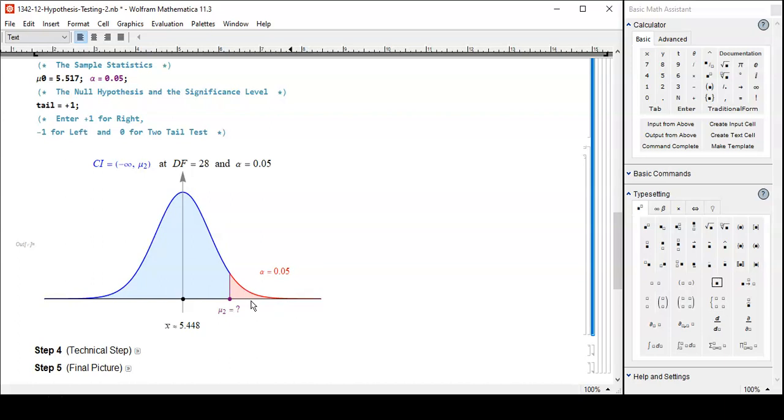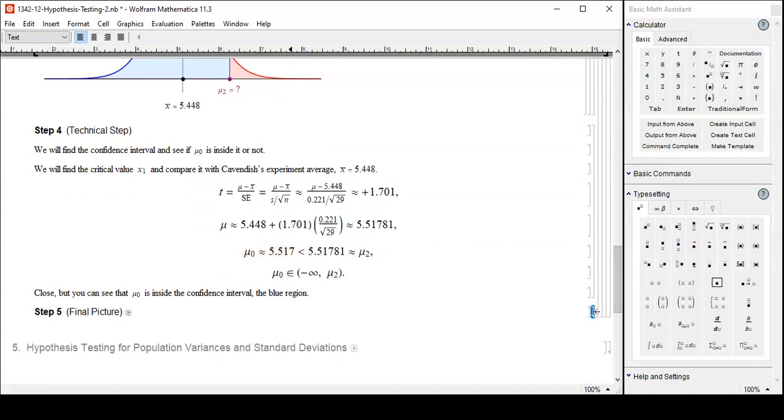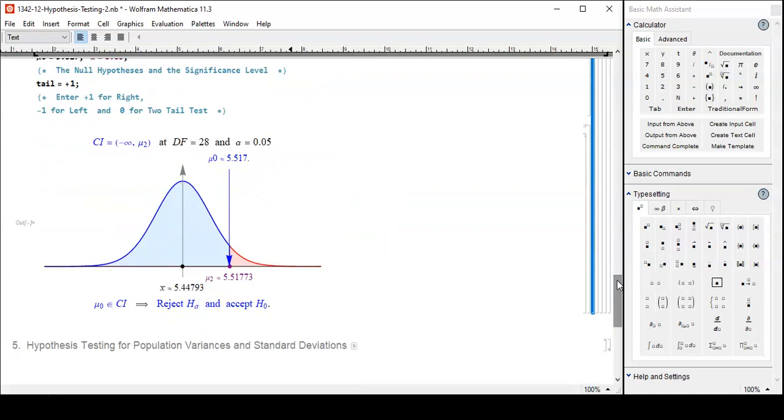Back in lesson 11a, and also part of lesson 10, we did it. Doing all those computations, we get the upper confidence bound. It turned out 5.51781 something, very close but a little bit larger, so that 5.517 is within the confidence bound, so close enough to the null, so yes, it works out.